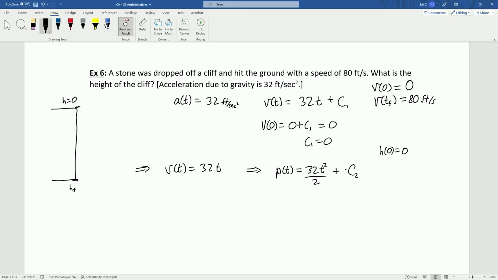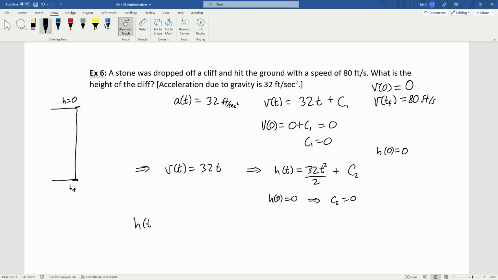So when I plug in 0 here, I guess I should label my position function height for consistency with my drawing. Okay, so height of t is 32t squared over 2 plus c2. So if the height of 0 is 0, then when you plug in 0, you get c2 equals 0.